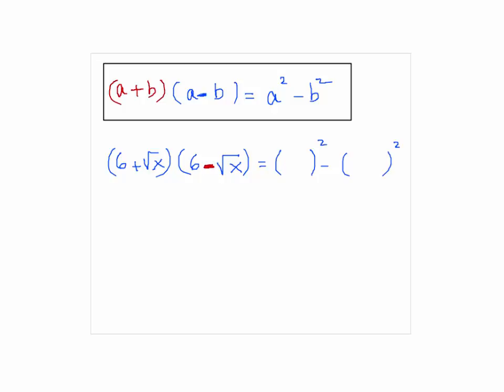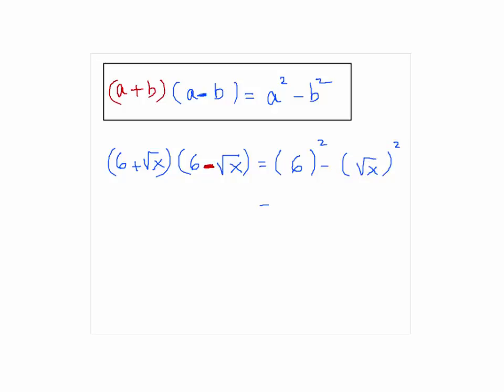Your A is 6, and your B is radical x. Now these squares cause these terms to not have radicals.